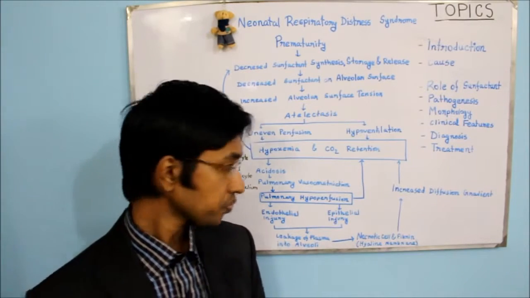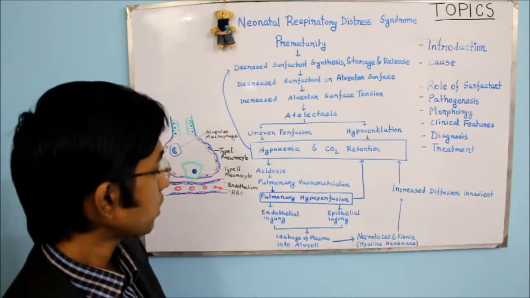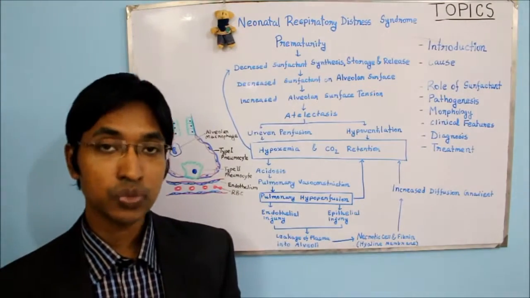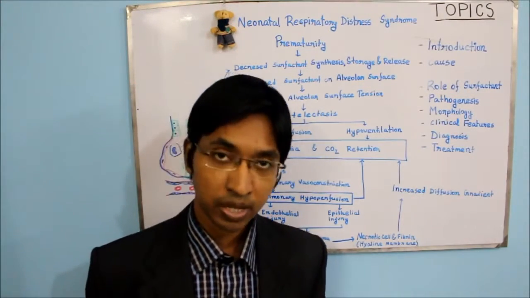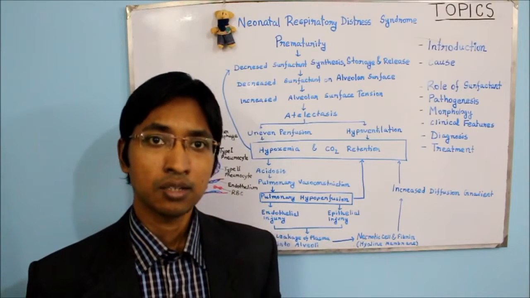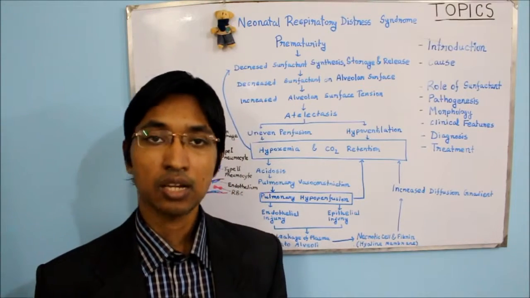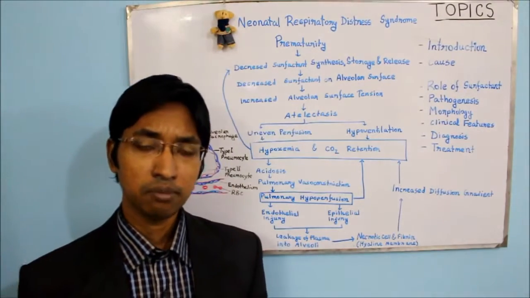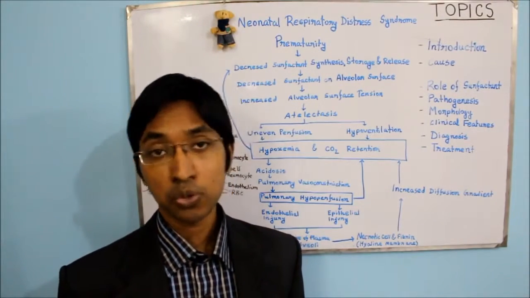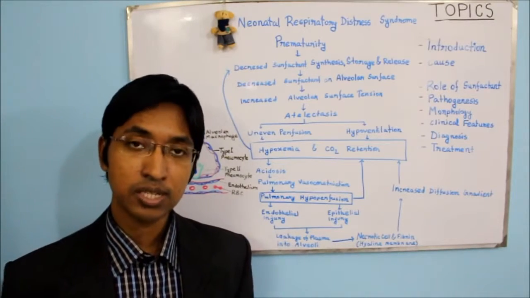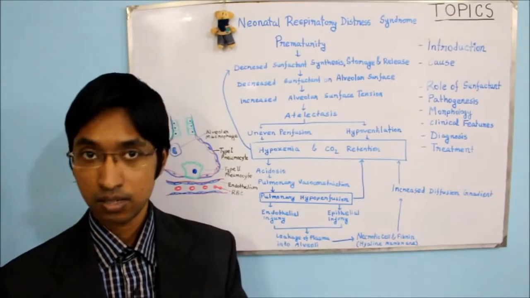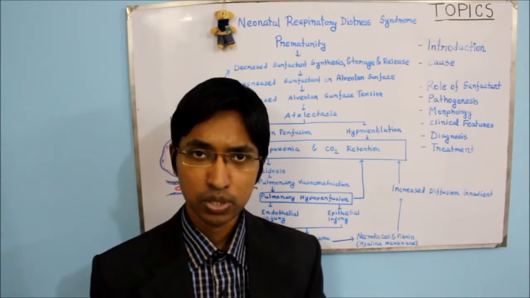So just remember that in arterial blood gas analysis we will have features of respiratory acidosis as well as metabolic acidosis too. Moving on to the next diagnostic tool, and that is the lecithin-sphingomyelin ratio, and this is in fact a fetal lung maturation test. It is done by obtaining the amniotic fluid by a process known as amniocentesis, and then measuring the ratio of lecithin and sphingomyelin in that fluid.